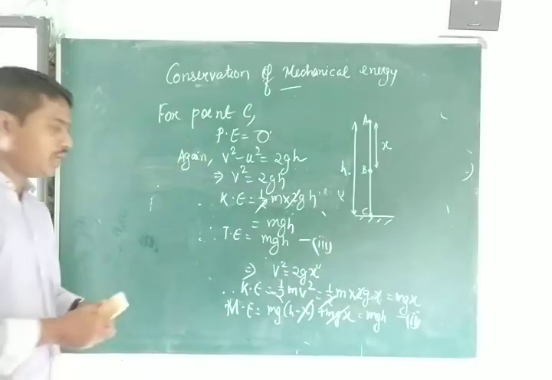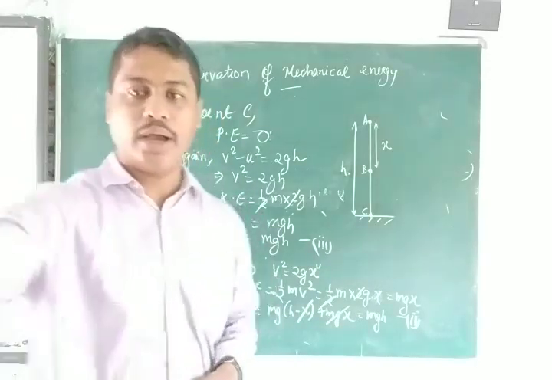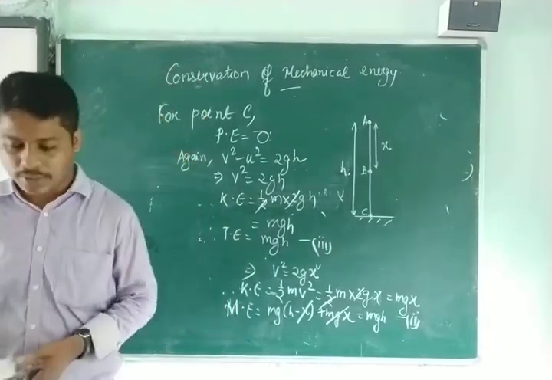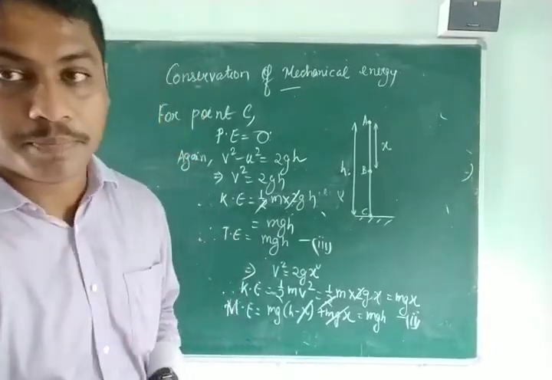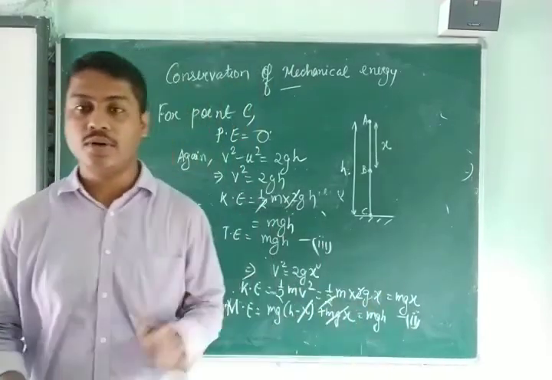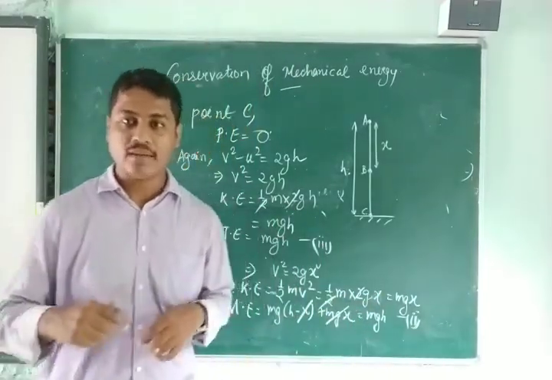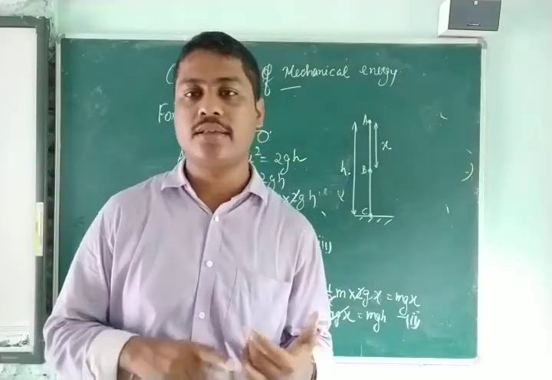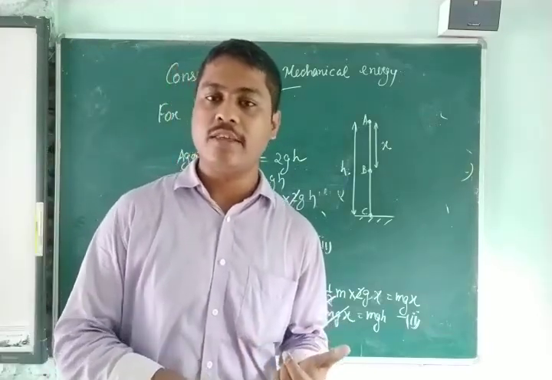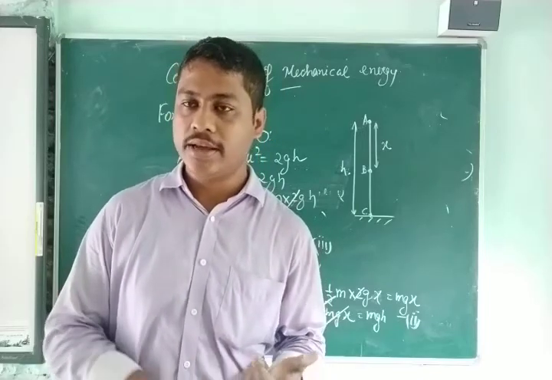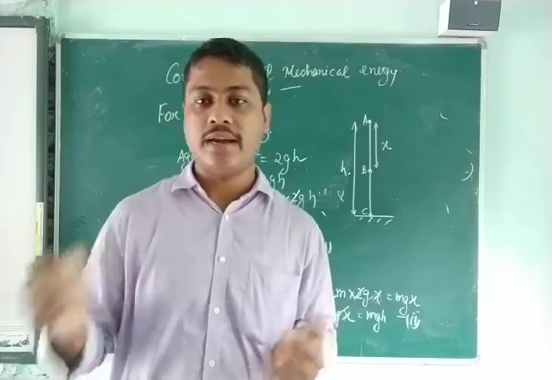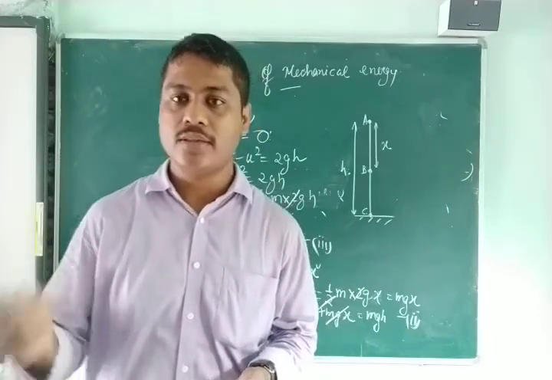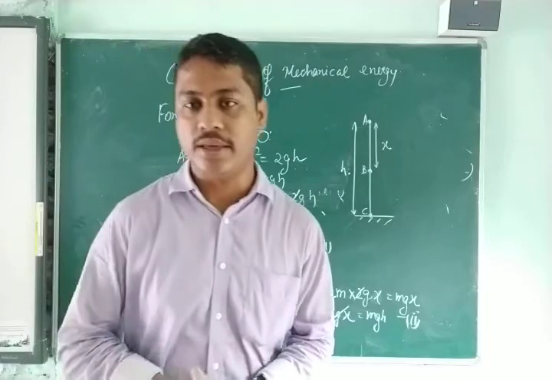Now you can see equation 1, equation 2 and equation number 3, we got the same equation: total energy equals mgh. So hence we have to write that from equations 1, 2 and 3 it is clear that the energy is being conserved. Energy is being conserved, but it is being transferred from one form to another. So this is the law of conservation of energy.